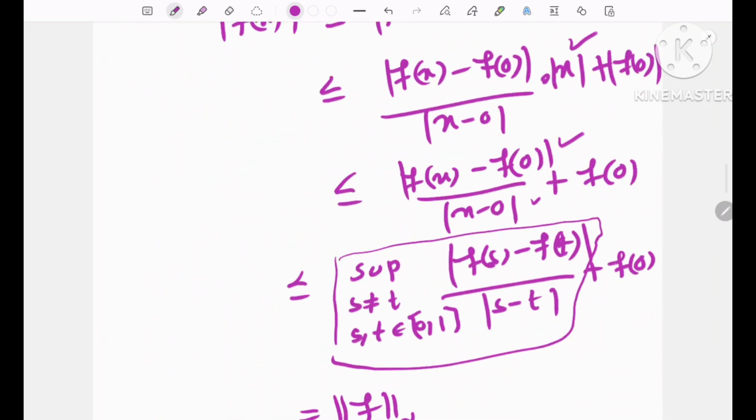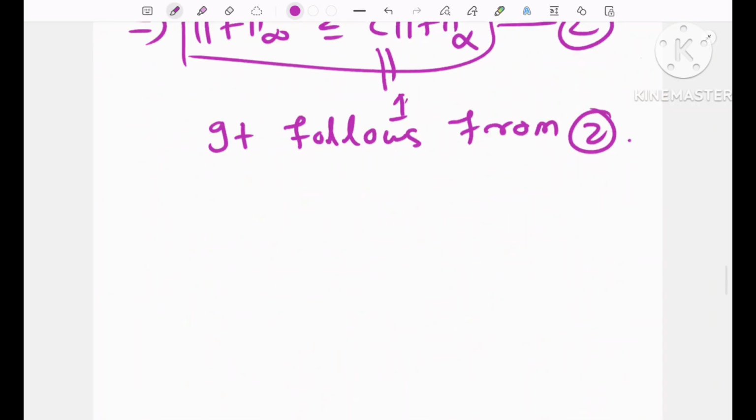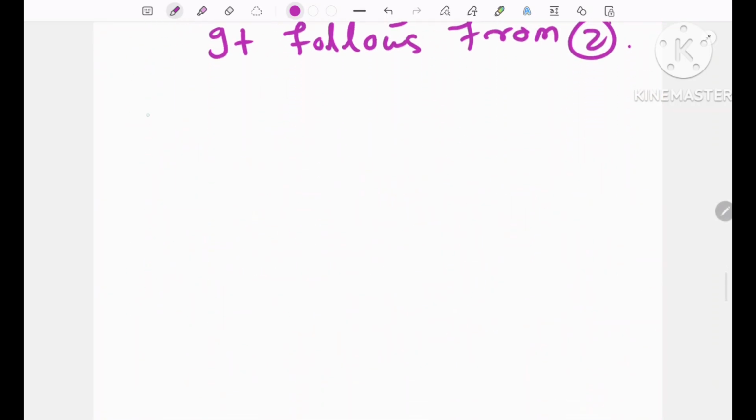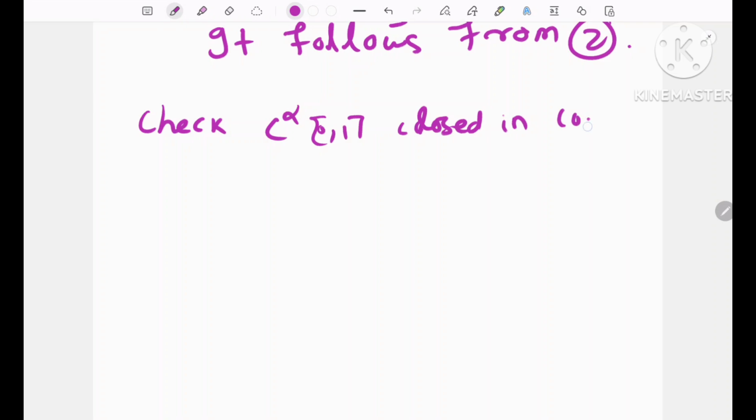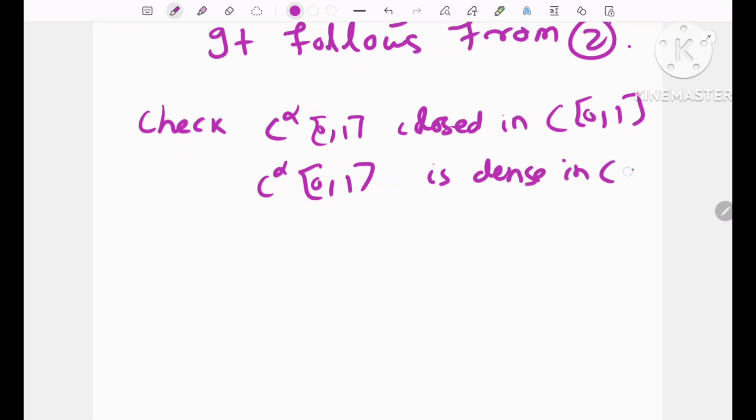So we will check whether C alpha[0,1] is dense in C[0,1] or closed in C[0,1] or not. Let us verify it. Claim: check whether C alpha[0,1] is closed in C[0,1], and whether C alpha[0,1] is dense in C[0,1].